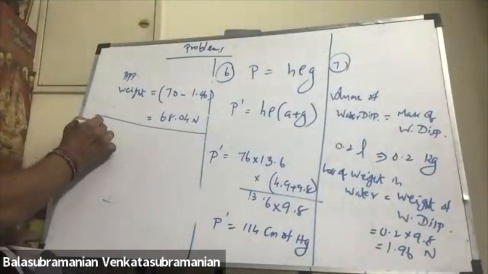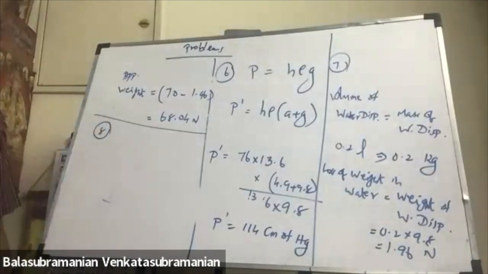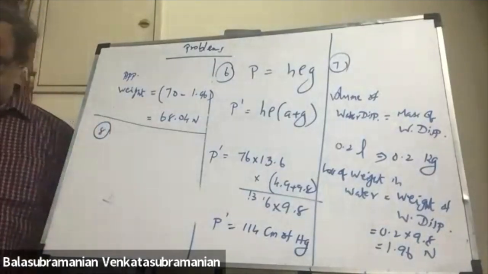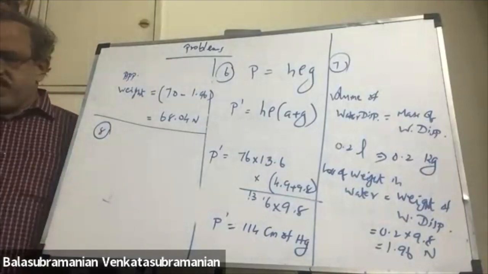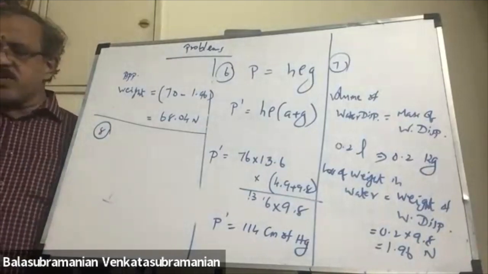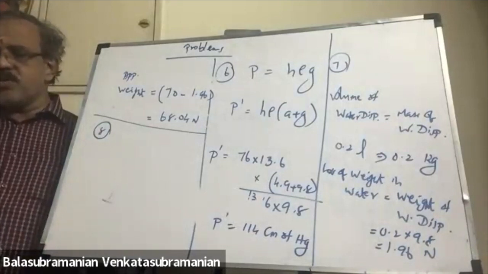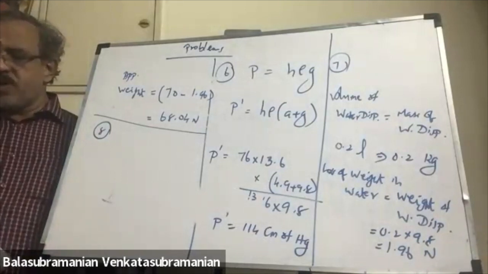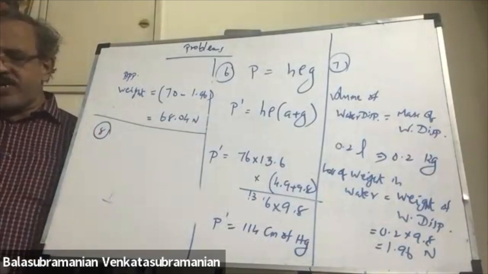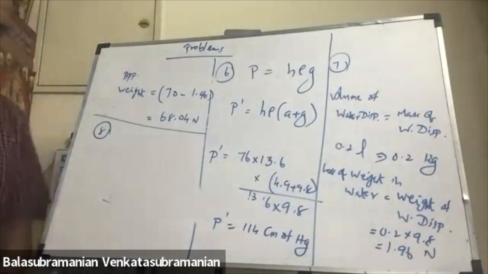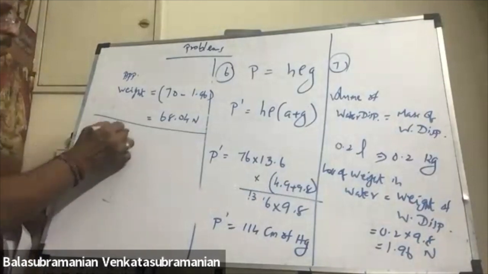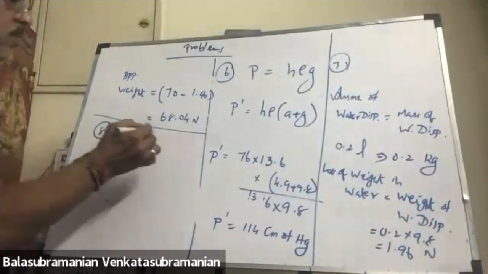Eighth problem. A solid weighs 6 kilogram in air. If its density is 2000 kilogram per meter cube, what will be its apparent weight in water? First, to calculate the volume.